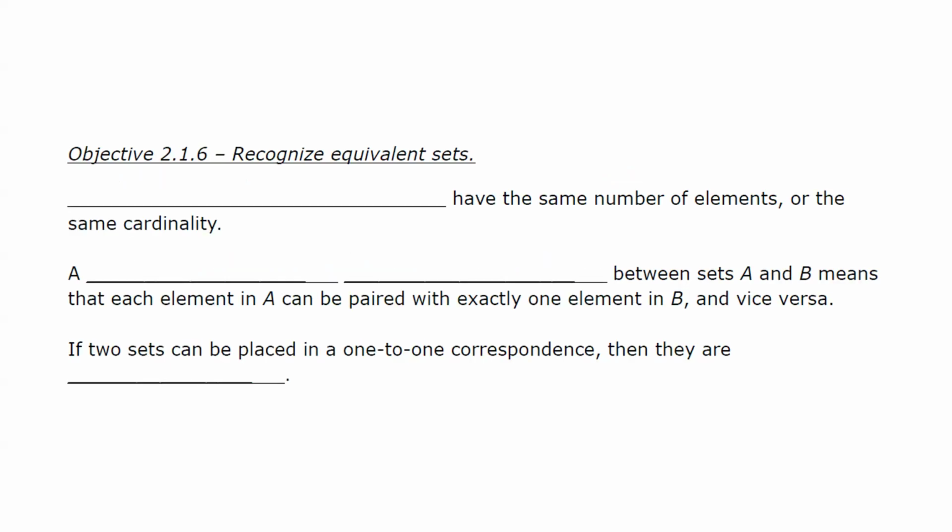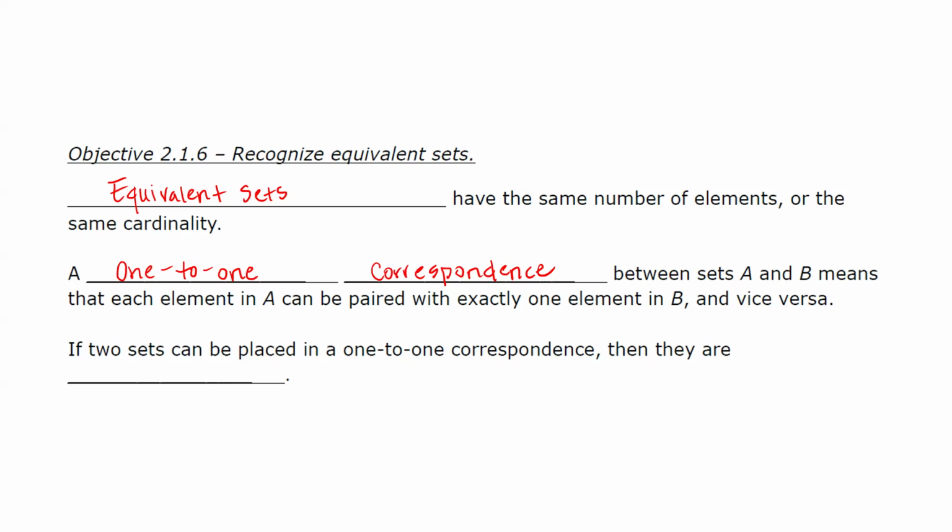Objective 6, recognize equivalent sets. Equivalent sets have the same number of elements, or the same cardinality. A 1-to-1 correspondence between sets A and B means that each element in A can be paired with exactly one element in B and vice versa.